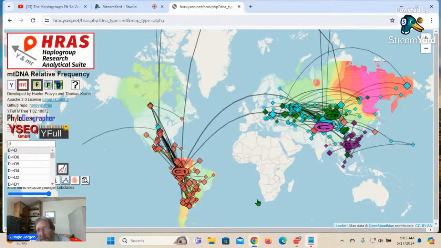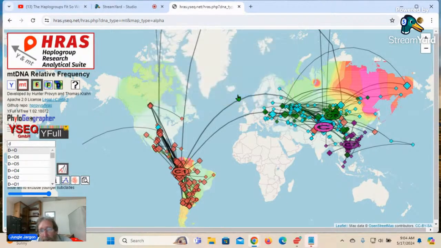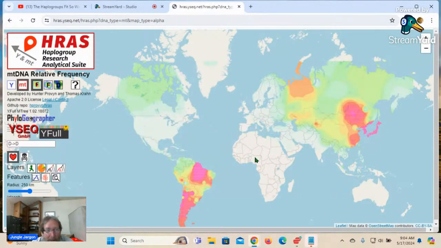Now, this is the third time that we have a haplogroup going from the Old World to Central America. This is the third confirmation as to how the people arrived in America. Now, this is news to me. I never heard this ever before in my life.